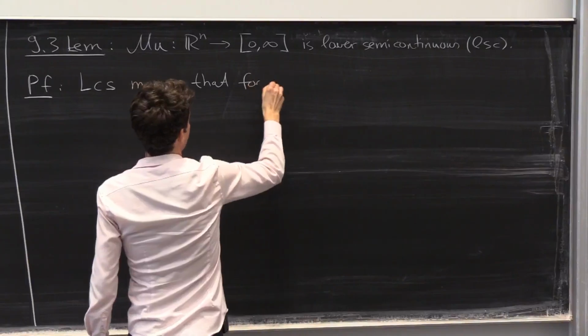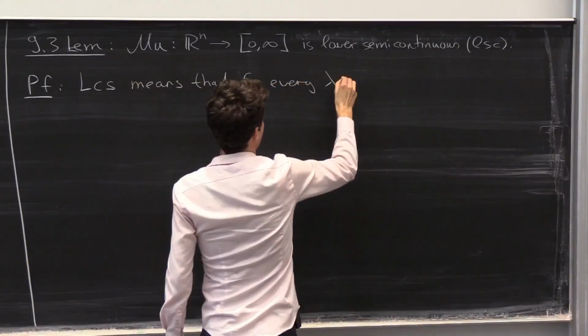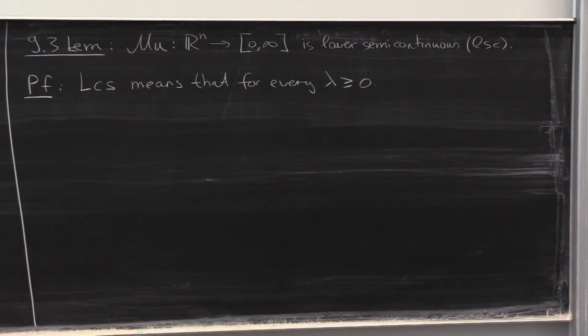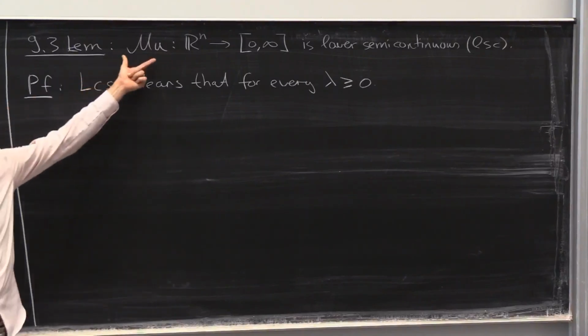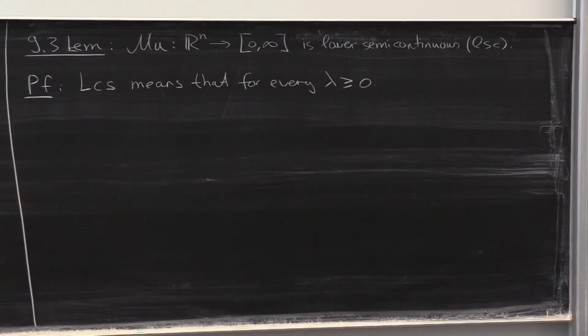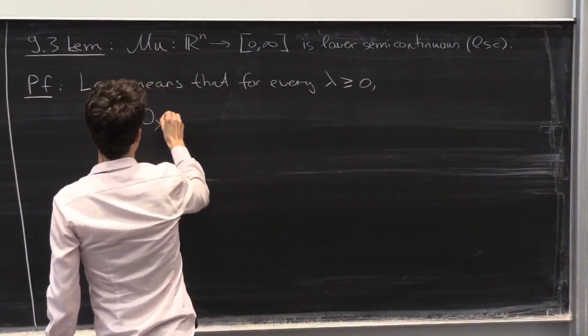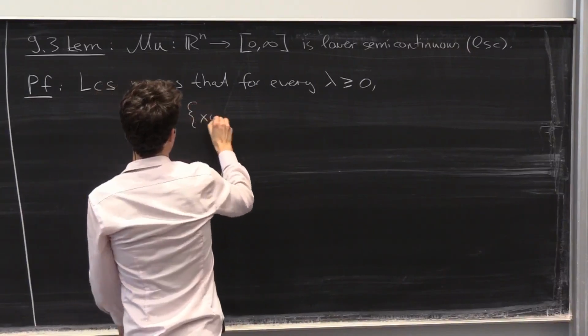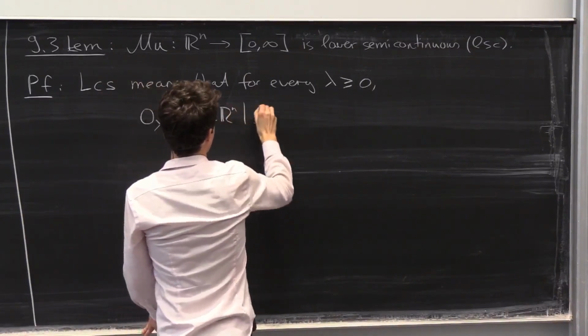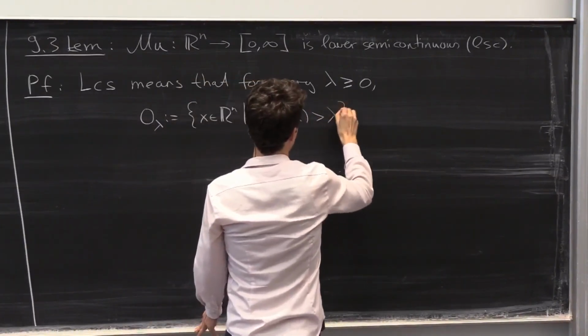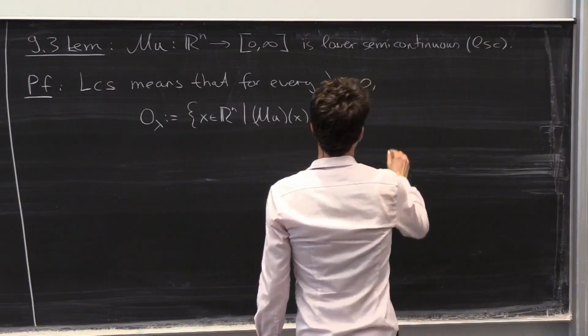For every lambda larger or equal to 0, the super level set of M of u, so the function under consideration, the super level set of level lambda, is going to be an open set. So O lambda is defined as the set of all x in Rn such that M of u at x is strictly larger than lambda. This is open.